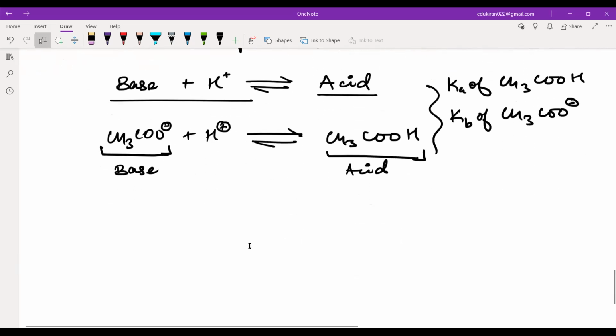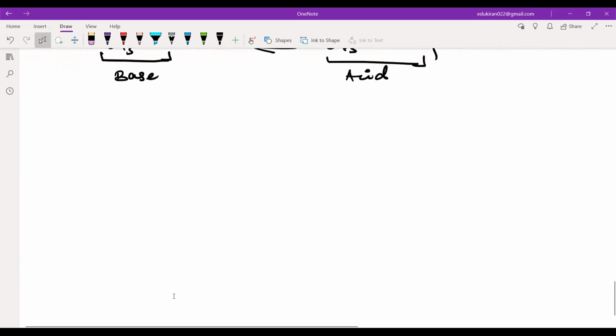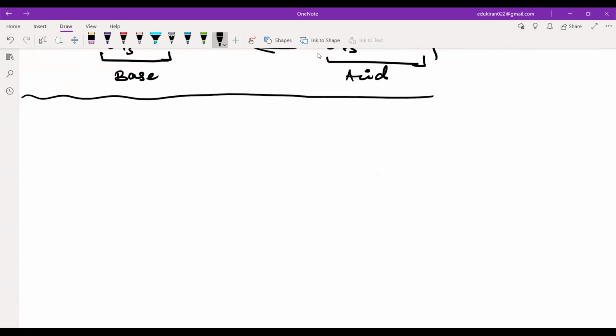Yes, sir. Okay. Now, let us take a simple acid, and then we will take its conjugate base. Let us consider an acid, HA. It will react with water and form H3O positive plus A negative.